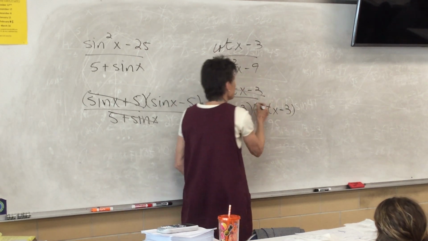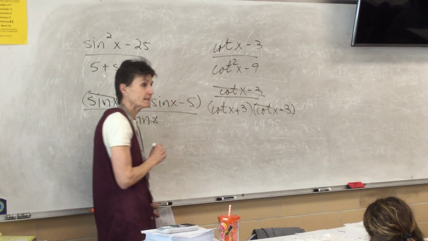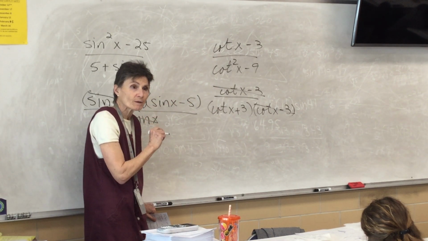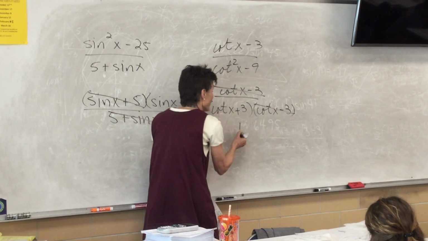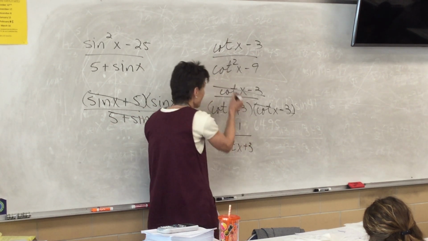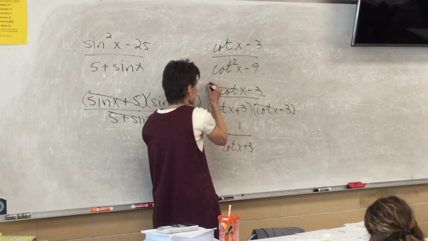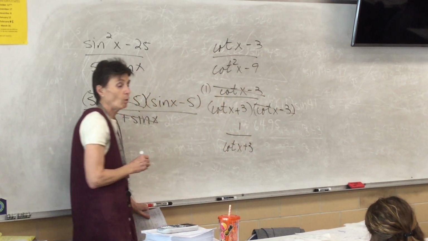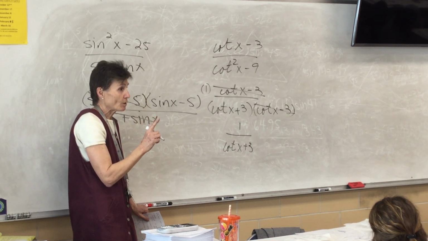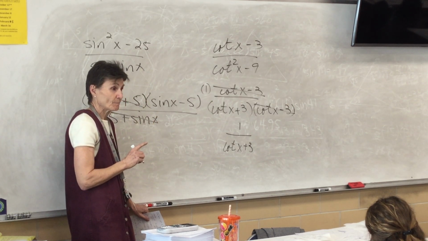And now you can cancel because you're taking out the whole thing. Be careful when you write your answer. It's 1 over cotangent plus 3. When you cancel the whole thing out, there's like a 1 there to hold the place. So that one's 1 over cotan plus 3.